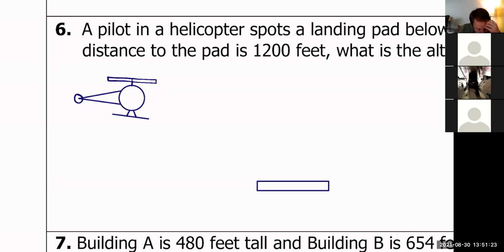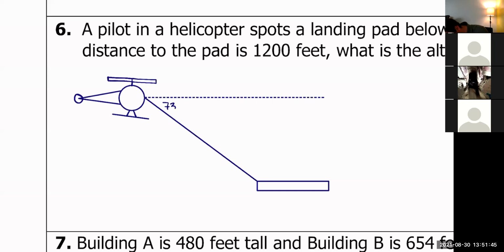It says that a pilot spots a landing pad at an angle of depression, so creating a horizontal from where he's at. He is looking down at this landing pad with an angle of depression of 73 degrees.